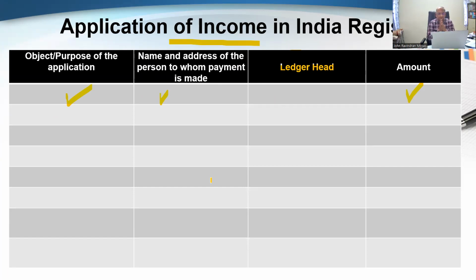Whatever I spend towards achieving the objects of my organization is application of income. So all my payments, whether capital payment, program expenses, or loan given, are application.